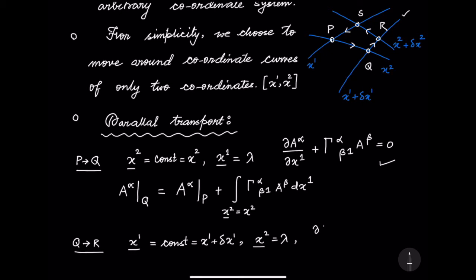So del A alpha, now x2 is what changes. So this is del x2 plus gamma alpha beta 2 A beta equals 0.